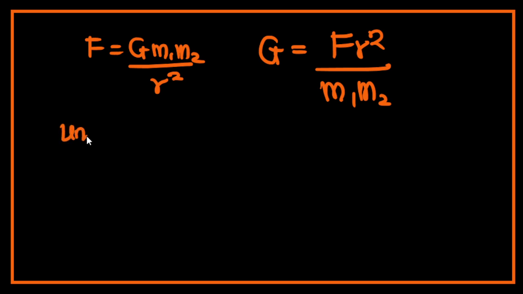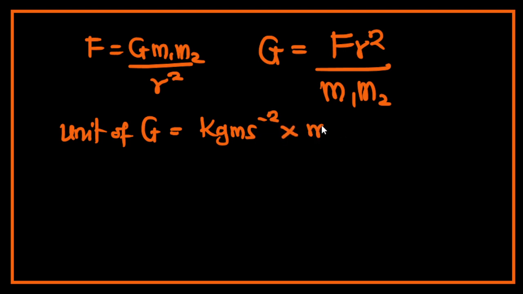So the unit of G, merely looking at that, is going to be for force, which is Newton, can be broken down into kilogram meter per second square, from mass times acceleration. The R squared is going to have meter square, because distance is measured in meter. The masses will be in kilograms, so you have kilogram square.